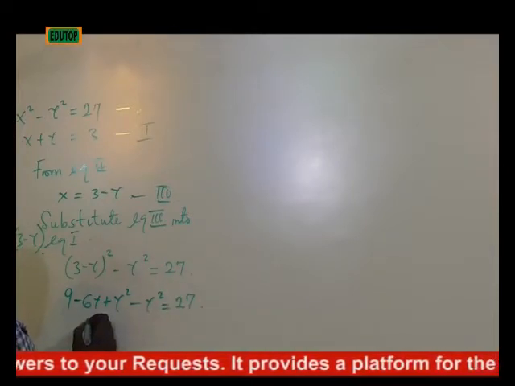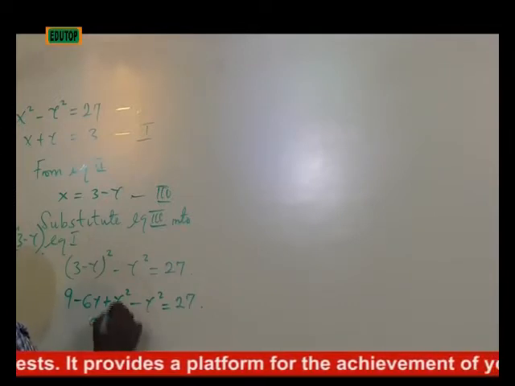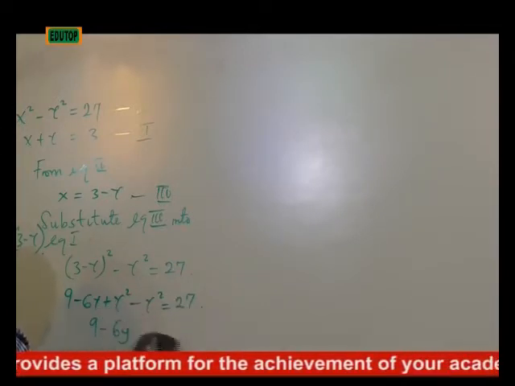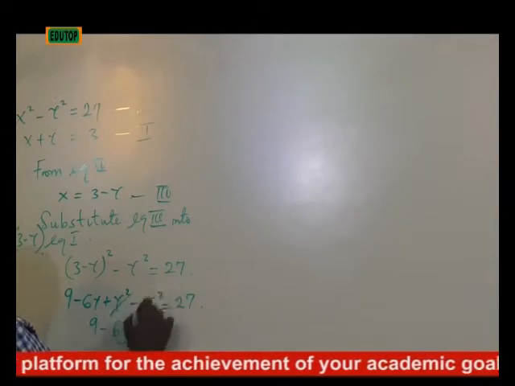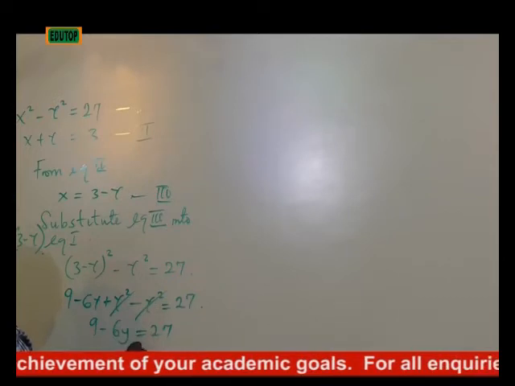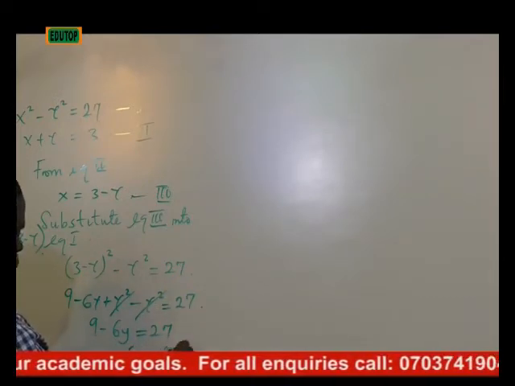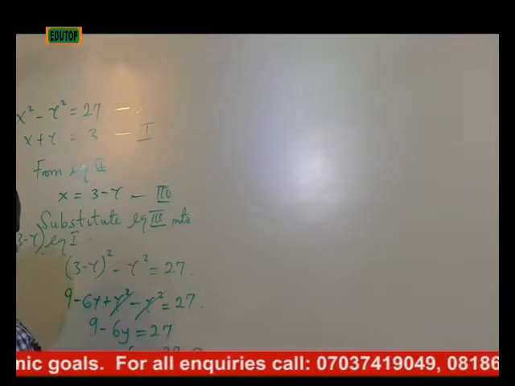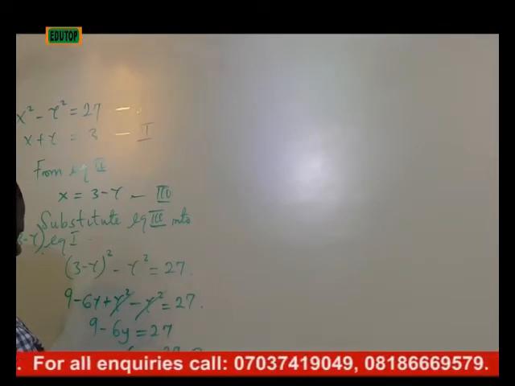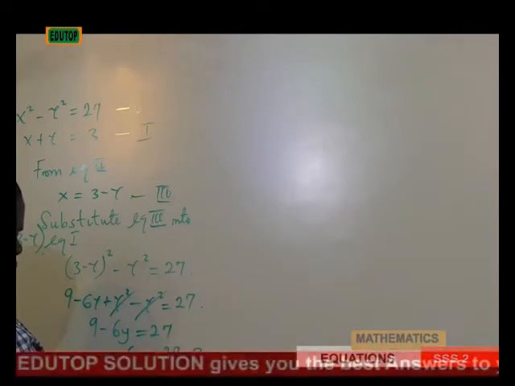Then we have 9 minus 6y plus y squared minus y squared becomes 0. This cancels out. Then we have 27. Then bring this one to the other side. We have minus 6y equals 27 minus 9. And that means minus 6y is now equal to 18.